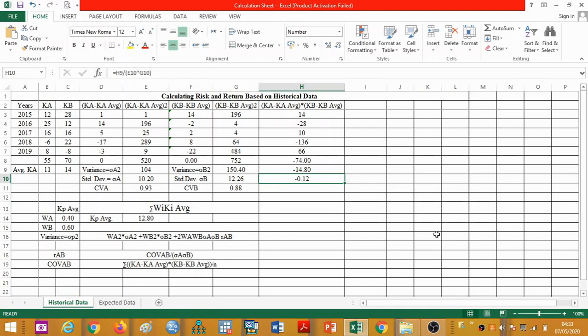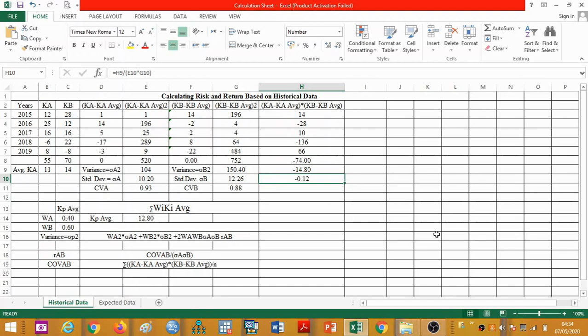On the other hand, +1 says that the two securities are perfectly positively correlated, which means that they move in the same direction with the same magnitude. If the return on one security increases by 2%, the return on the second security also increases by the same percentage, that is 2%.